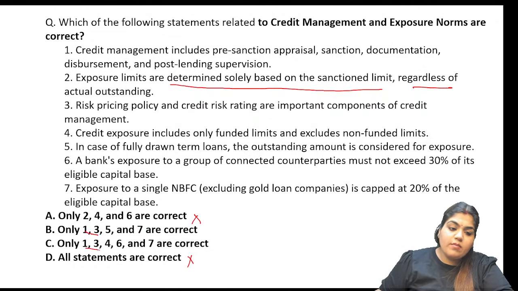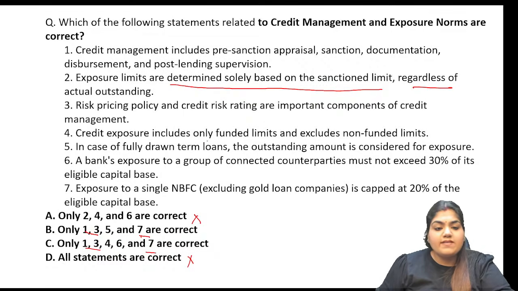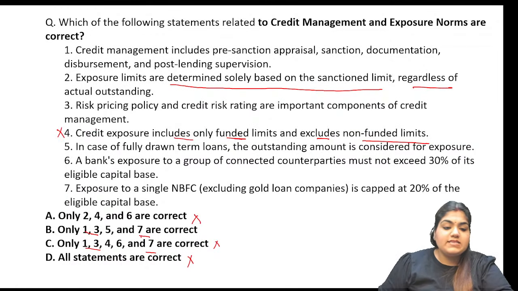1, 3 are common. 7 is common. Let's see 4, 5 and 6. Credit exposure includes only funds limit and excludes non-funds limit. Credit exposure includes both funds and non-funds. So statement number 4 is incorrect. Let's see statement number 5.